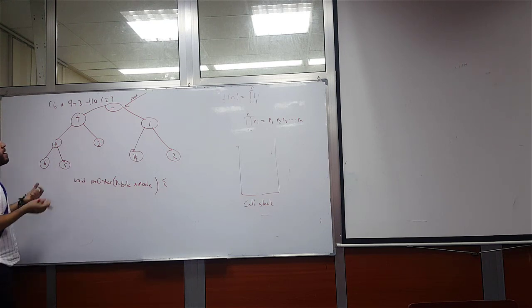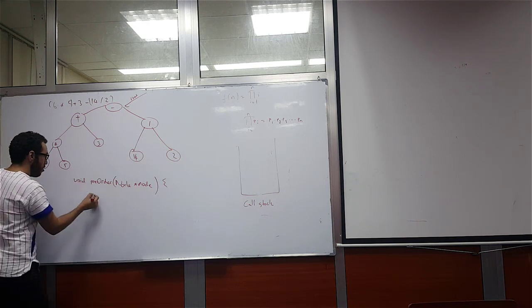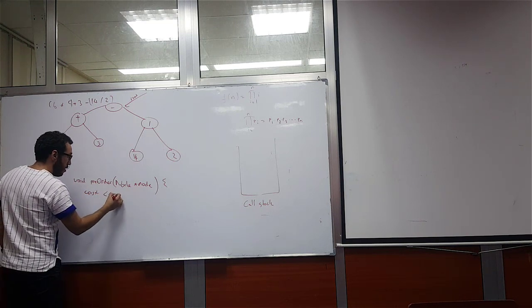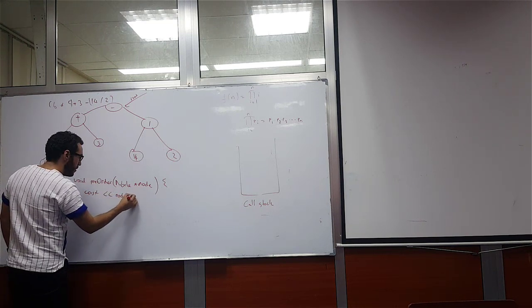In the pre-order traversal, what we are doing is first we print ourselves, and then our left subtree, and then our right subtree. So with this logic, we come to the pre-order traversal, and we have the node. Who are we going to print first? Ourselves, right? So we're just going to print the data.